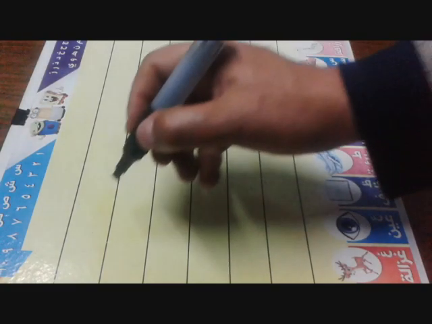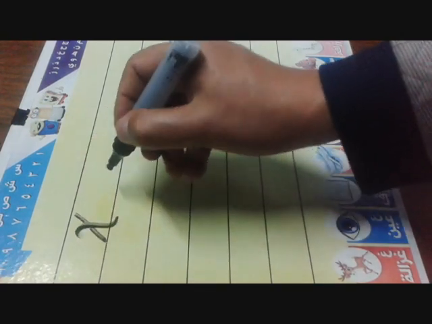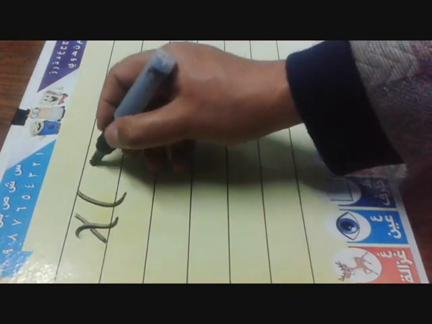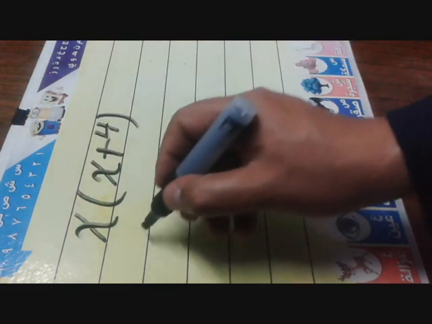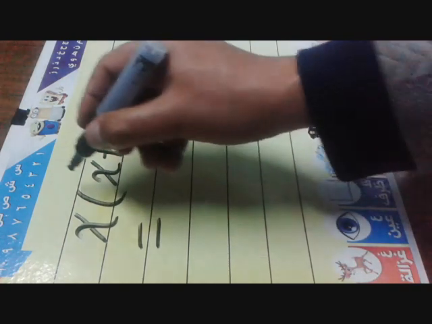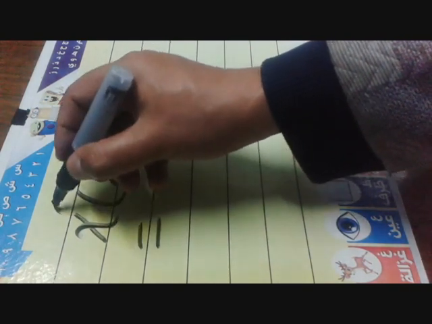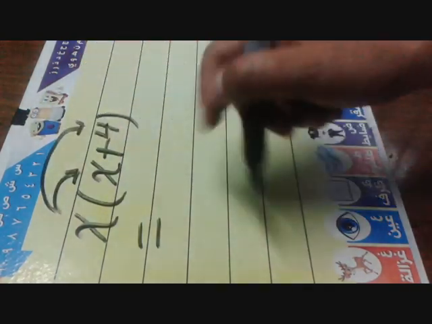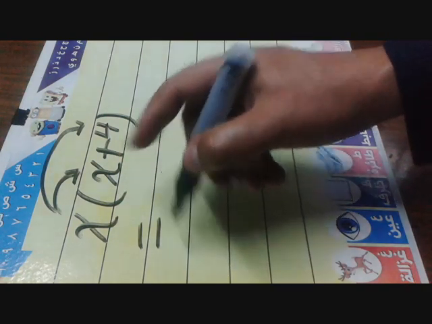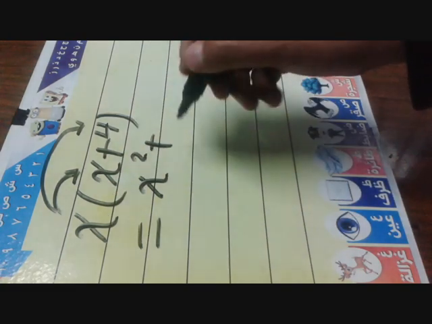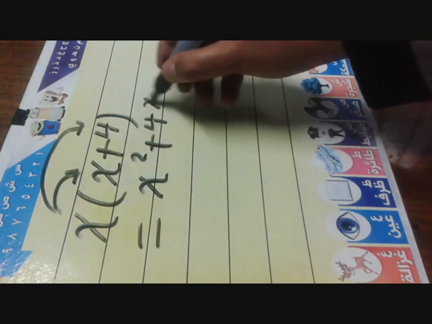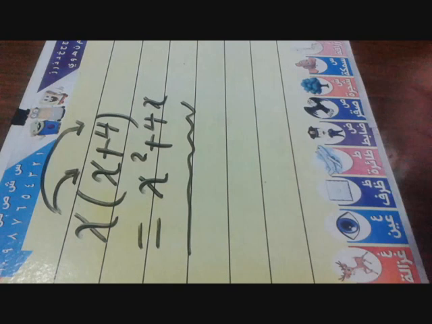Multiply x times x plus 4. It equals, by distribution, times this and this: x times x equals x square, plus x times 4 equals 4x. Now the converse is true.